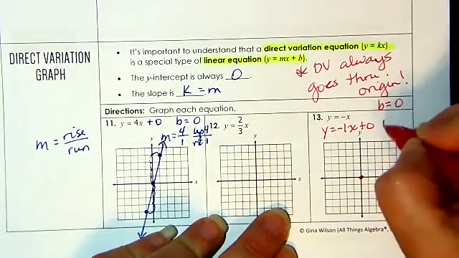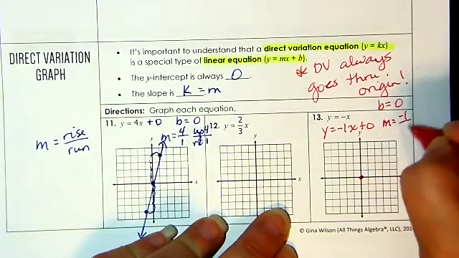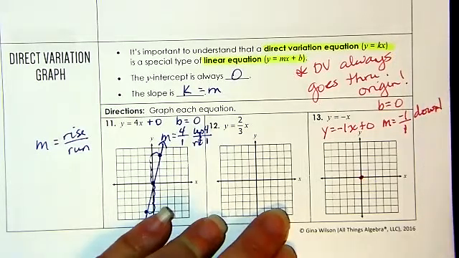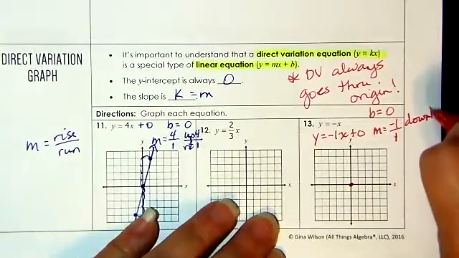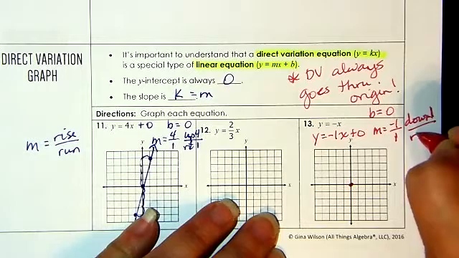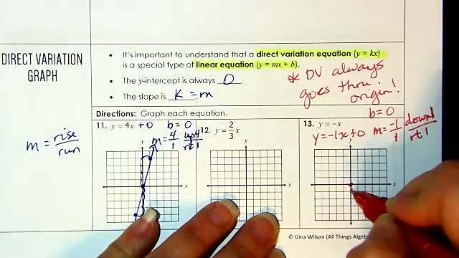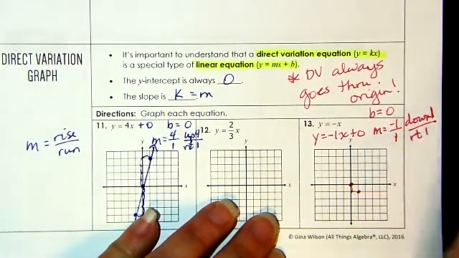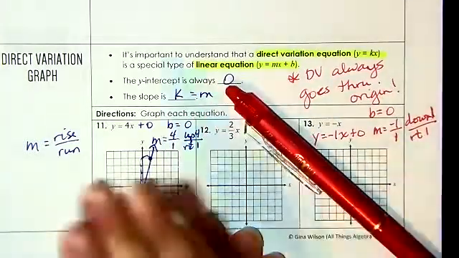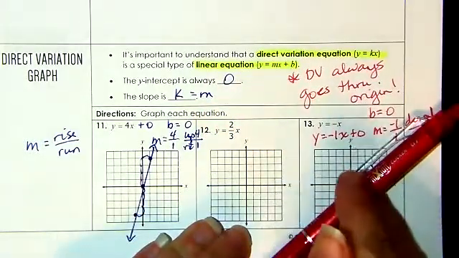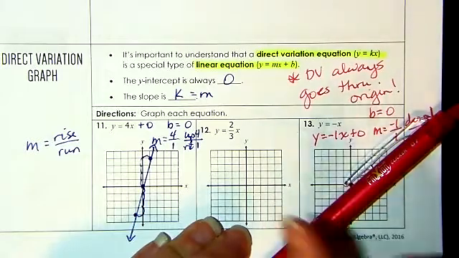Now my slope is negative 1 over 1. So that means I'm going to go down 1 to the right 1. Down 1 to the right 1. Now, if you're not sure, you know that your graph better look like this. It better go downhill. If you end up with a graph that looks like this, but I have a negative slope, I made a mistake.